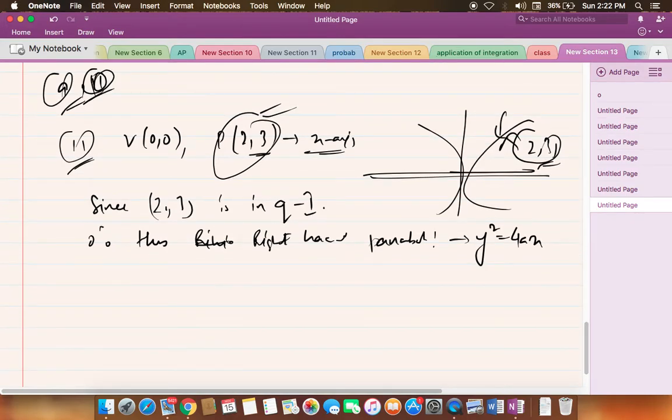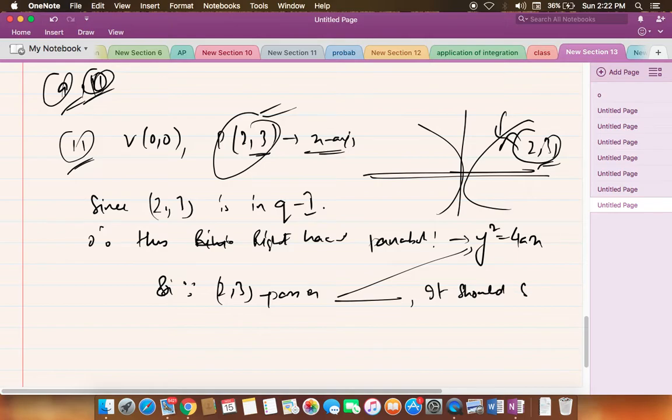Now since 2 comma 3 passes through this parabola, it should satisfy the equation. Therefore 3 square equals 4 into a into 2, therefore a is 9 by 8.